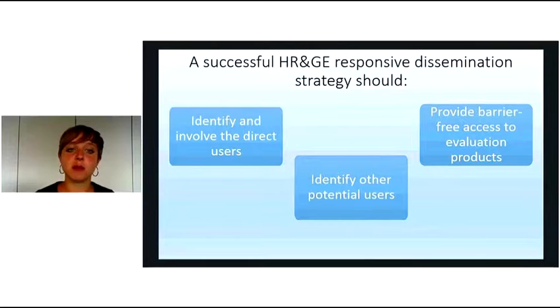So let's look at an example of a successful dissemination strategy. The UN Women's Sabea program did a number of things we can learn from related both to engaging stakeholders and targeted dissemination. First, to better engage stakeholders, the evaluation of the Sabea program organized a stakeholder meeting in the region with representatives of various groups, including program participants, donor representatives, UN and national officials, and local and international CSOs.